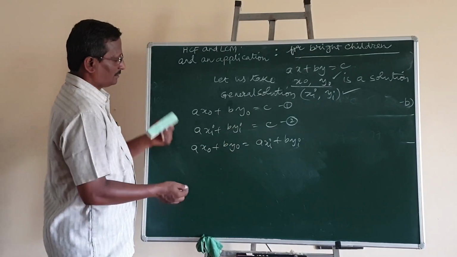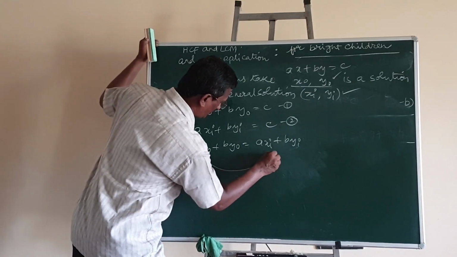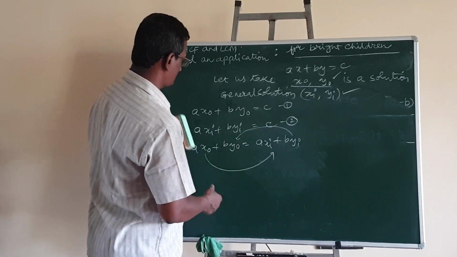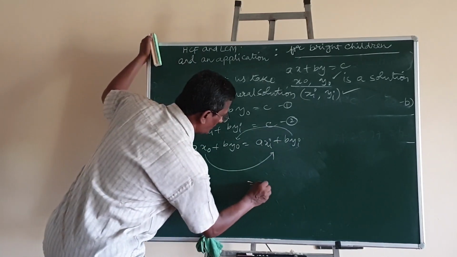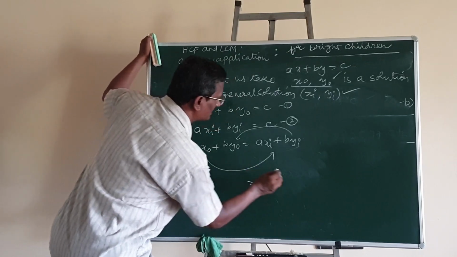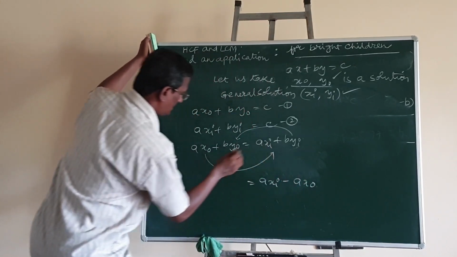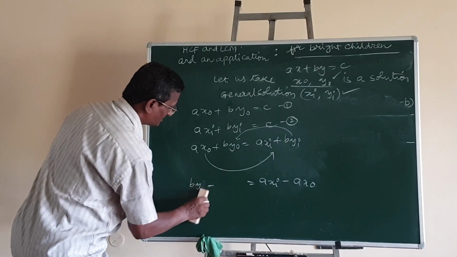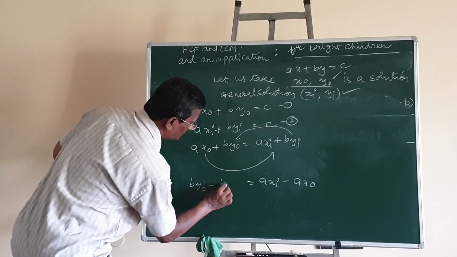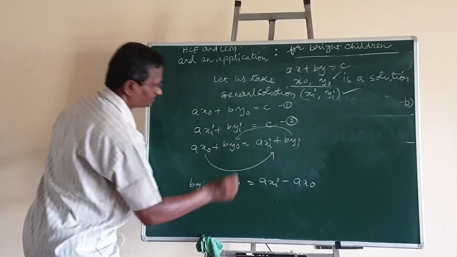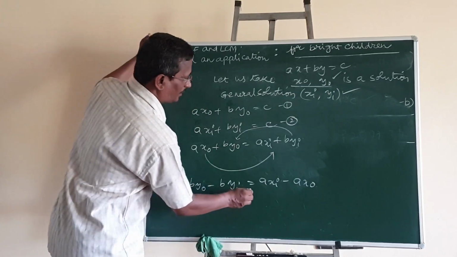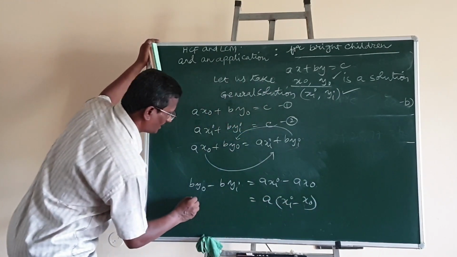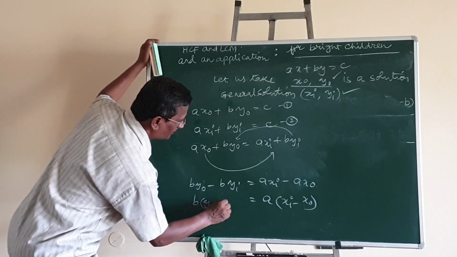Now here let us shift this to the right side. Let us shift b y to the left side. See what is going to happen on shifting. a xi minus a x0, here b y0 in the left hand side, and b yi. Now suppose if you take the common factor a into xi minus x0, and here b into y0 minus yi.